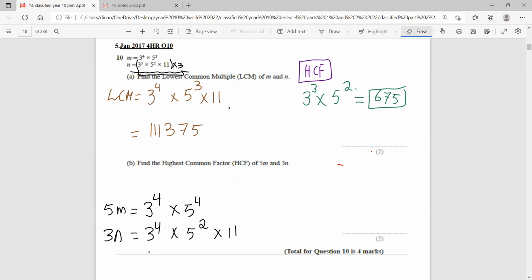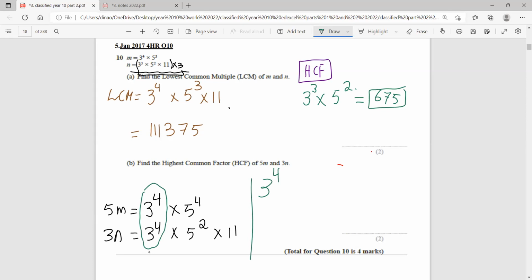And the question now says find the HCF. Okay. As we said, how do I find the HCF? To find the HCF, I select the common with the smallest power. You might say, Mister, what is all this? Here the powers are the same, no problem at all. We choose it as it is, 3 power 4, it's the same.